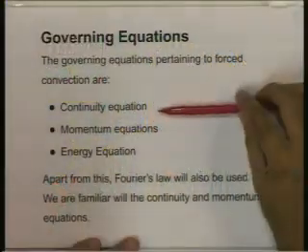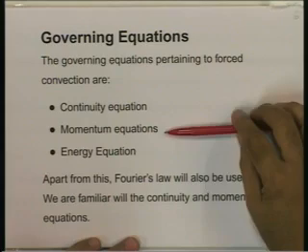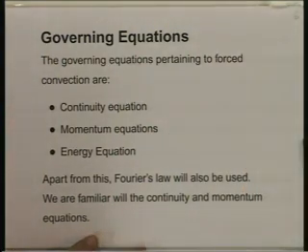The process of conduction will also be involved. So the governing equations pertaining to forced convection are the governing equations for fluid flow plus the governing equation for transfer of energy. So we will have definitely the continuity equation and the momentum equation. These two equations pertain to fluid flow.